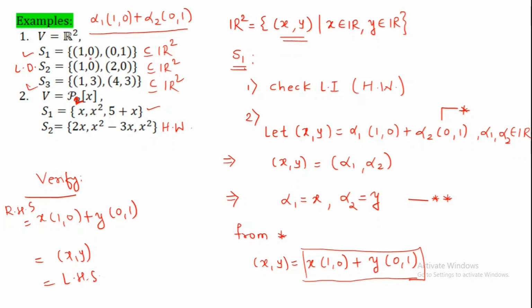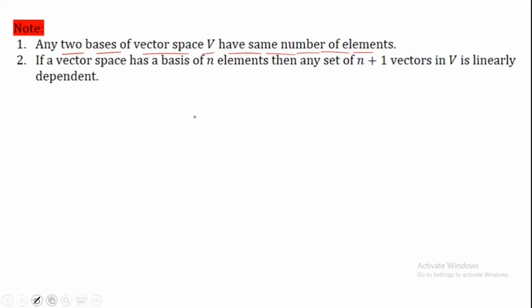So whenever you come across a basis of R2, it is going to contain two vectors only. And we have shown that a basis of P2 of x contains three vectors, so whatever basis you come across of P2 of x, it will contain three vectors only. This is the first note.